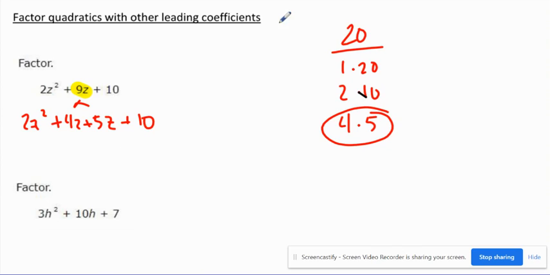And now of these first 2 terms, I want to ask myself, what's my greatest common factor that I can factor out here? And that would be 2z. So I'm left with a z plus 2. Now if I look at the next set, positive 5z and 10, I can factor out a 5.